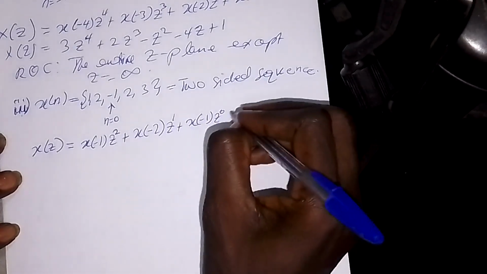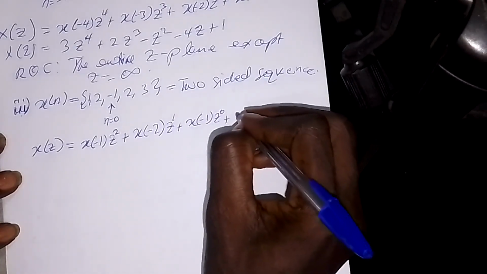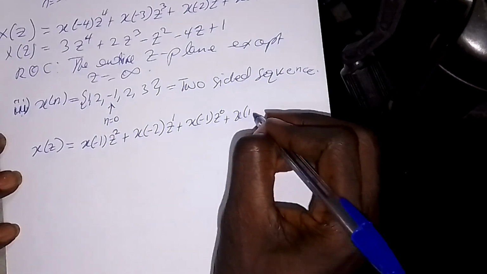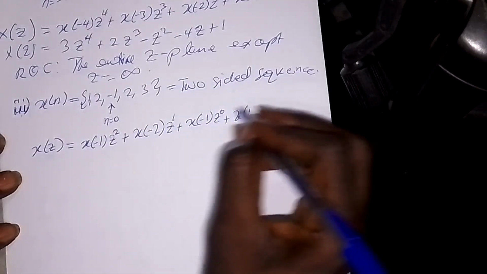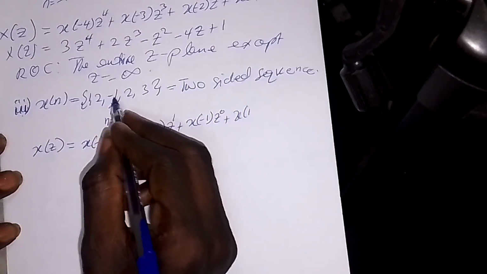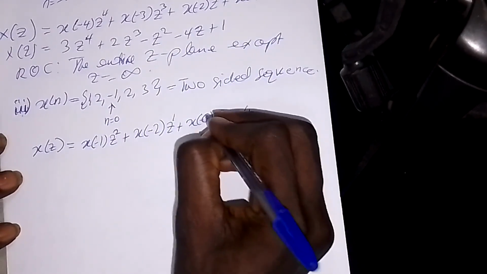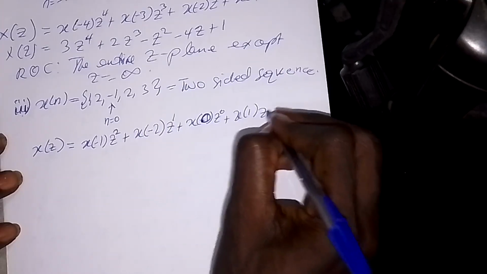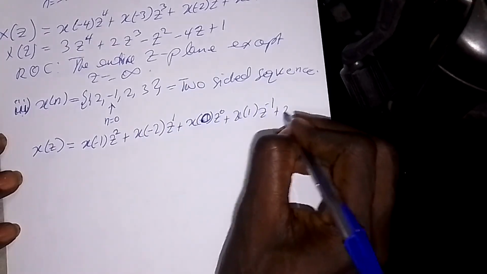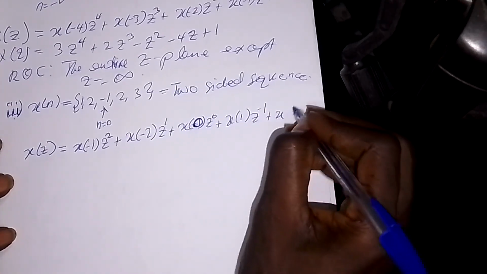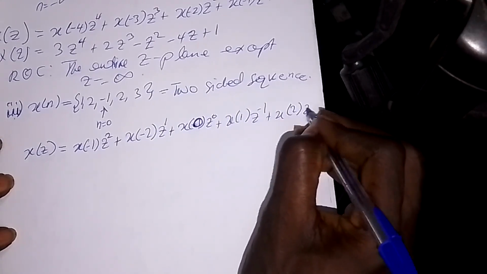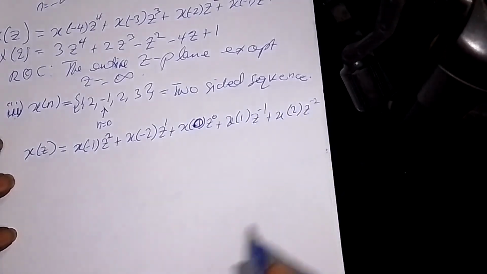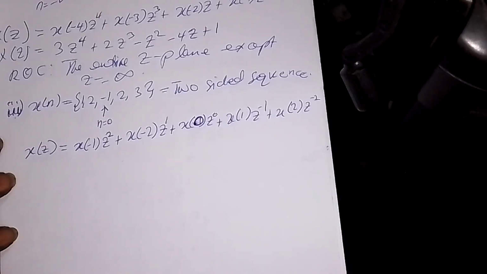Any number exponent 0 is 1. And then we have x of 1 into z exponent minus 1, plus x of 2 into z exponent minus 2. Okay, so that's going to be our sequence.